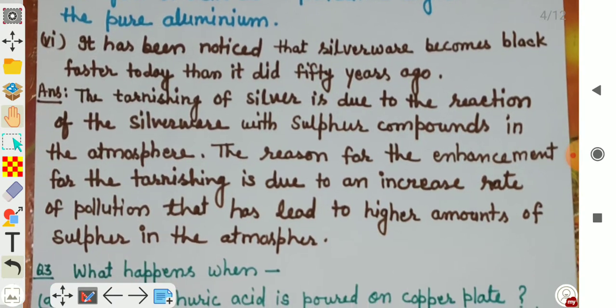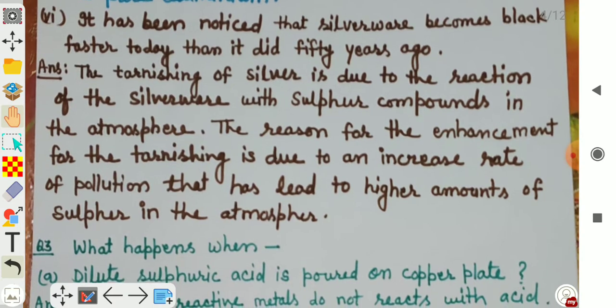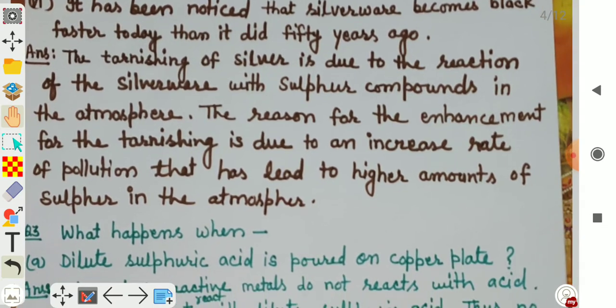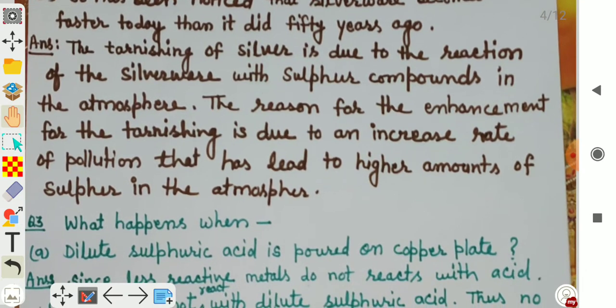Next is, it has been noticed that silverware utensils become black faster today than they did 50 years ago. What is the reason? Answer is, the tarnishing of silver is due to the reaction of the silverware with sulfur compounds in the atmosphere.